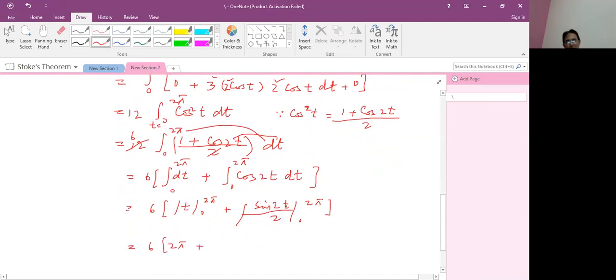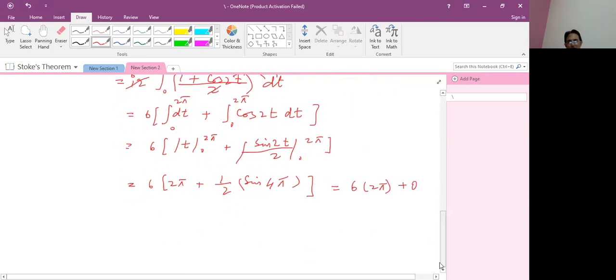When we put 2 pi into 4 pi, sine 4 pi is 0, and sine 0 is 0. So it means 6 into 2 pi plus 0, because sine 4 pi is 0. So the answer is 12 pi.